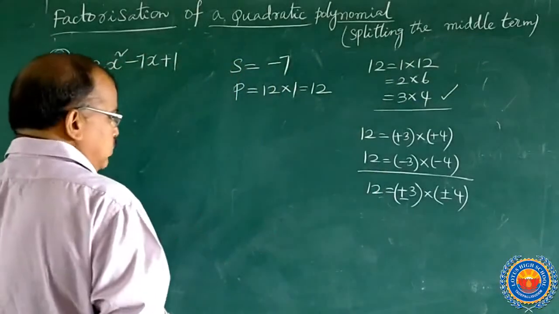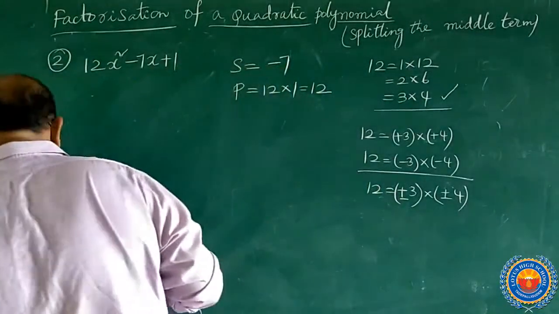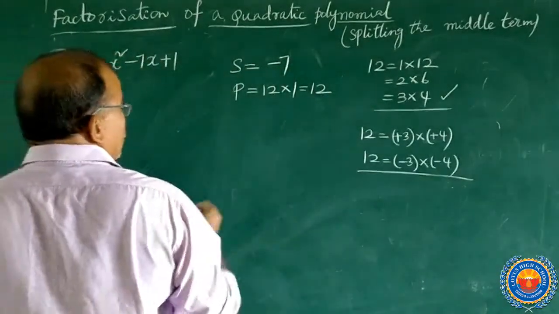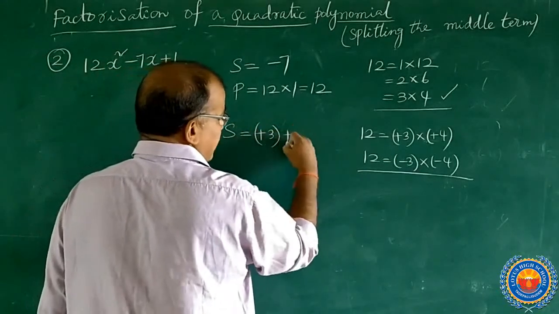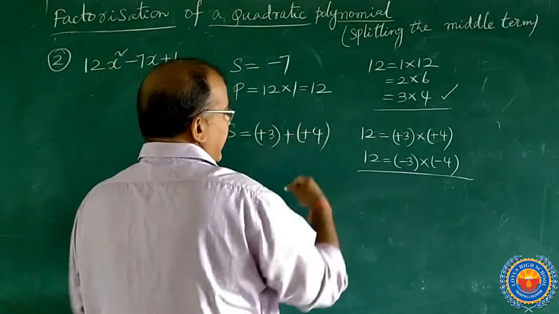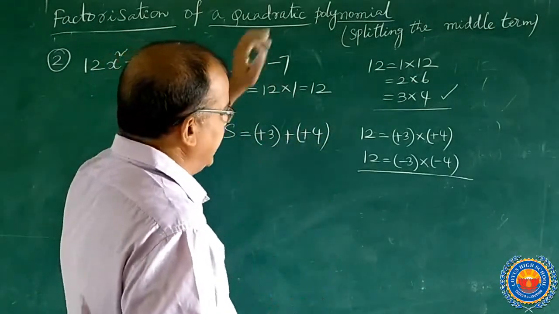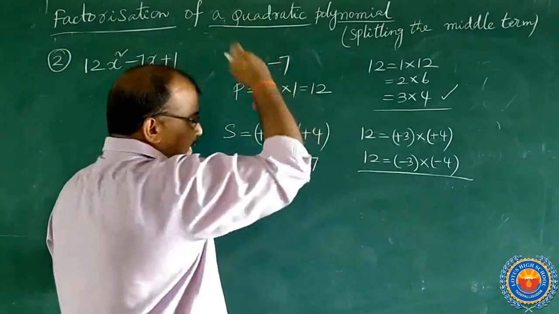Now here, maybe my numbers are, I'll take some numbers. So, sum is equal to plus 3 plus 4. If I add these two, plus 3 and plus 4, I'll get plus 7. But I should get minus 7.